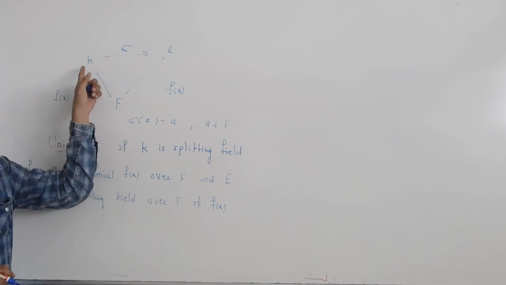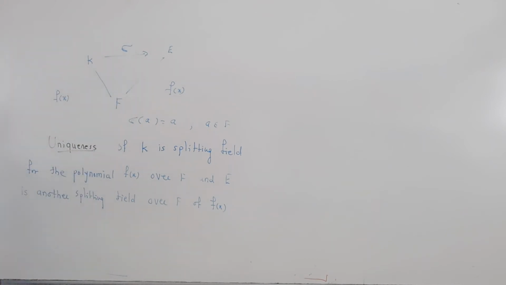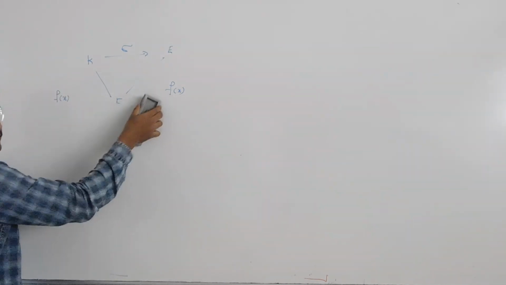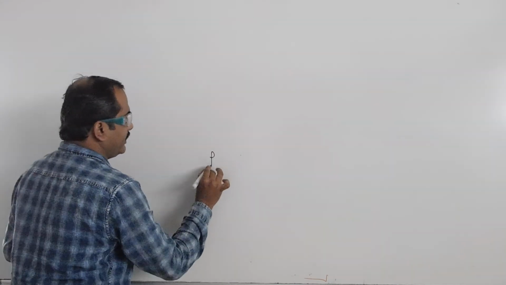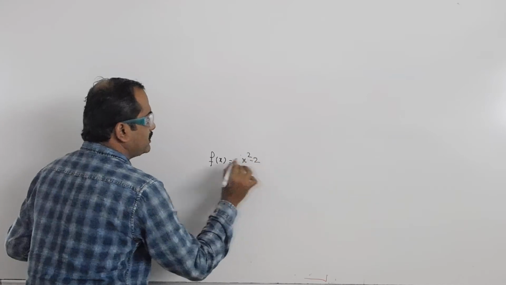Whatever the elements of K go to E, that is what we have. So for example, see the theoretical part. If I take the polynomial f of x, the same simple polynomial we always take as an example: f of x is equal to x square minus 2.